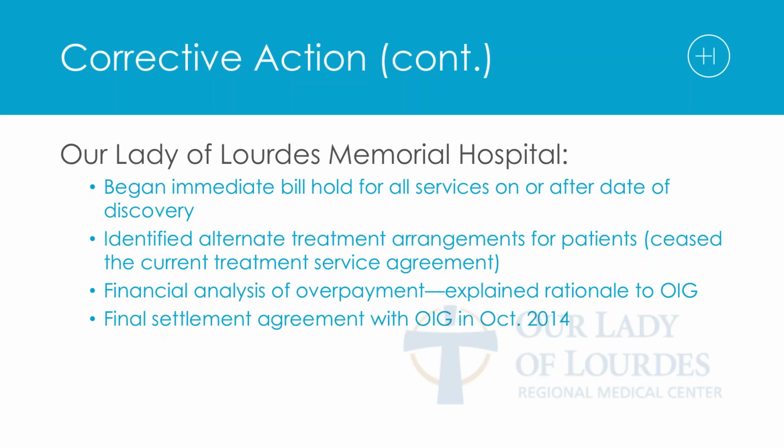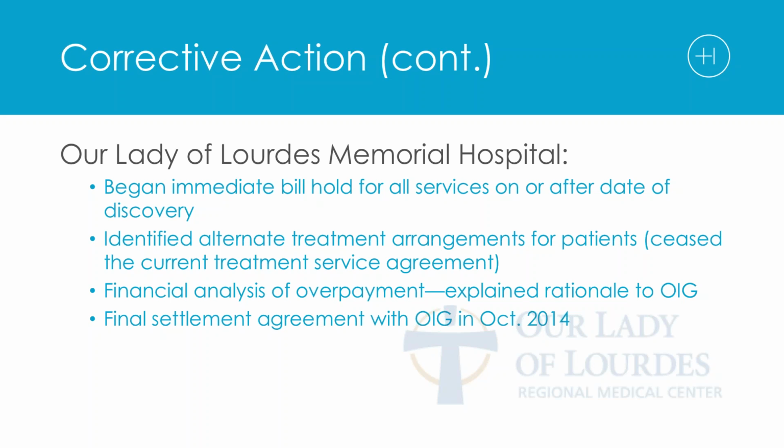The second bullet, identified alternate treatment arrangements for patients. They ceased the current treatment service agreement because that service agreement was what was causing the problem with the billing. It was that contract. So they put a stop to that, and they identified an alternative way to get that service done for patients. Then they did a financial analysis of the overpayment, and they explained their rationale to the OIG.